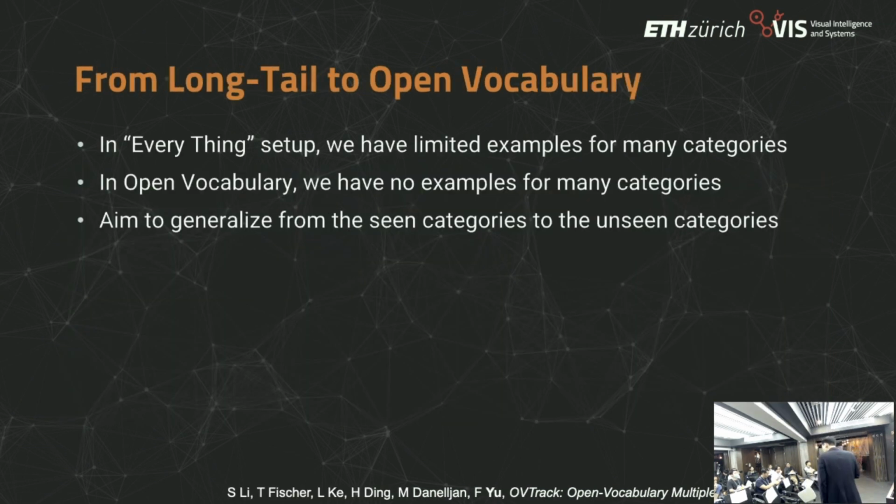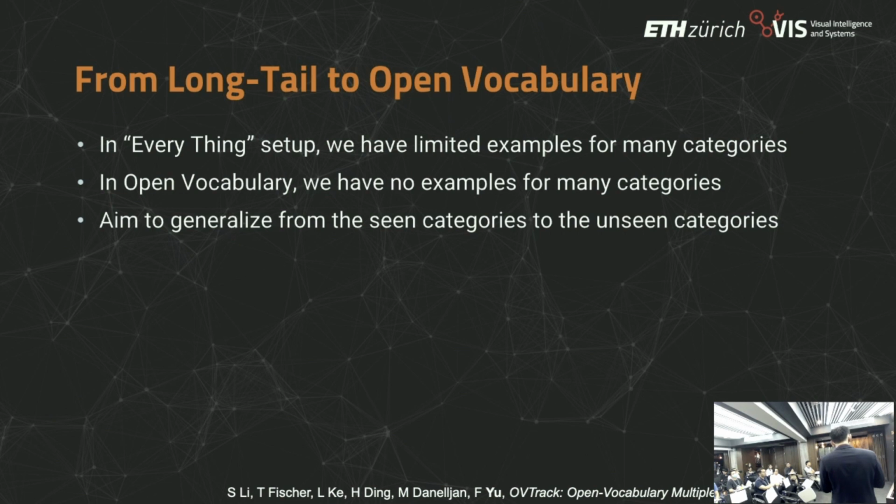Even further, we want to be able to handle an even stronger generalization case. Not only do we want to handle tracking objects in the long tail distribution as in the everything case, we want to handle the case of open vocabulary, which means that for many categories that we will see in the testing phase, we do not have examples or training data in the training phase.